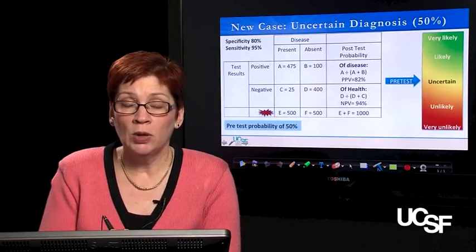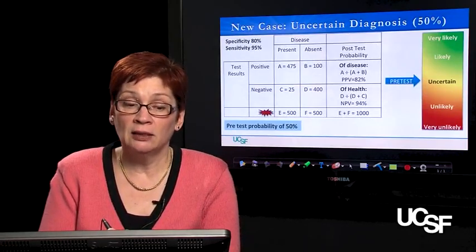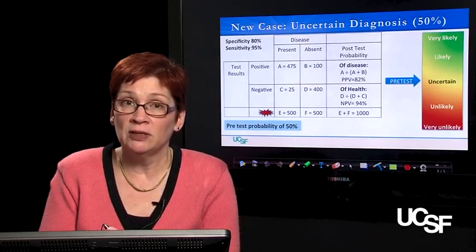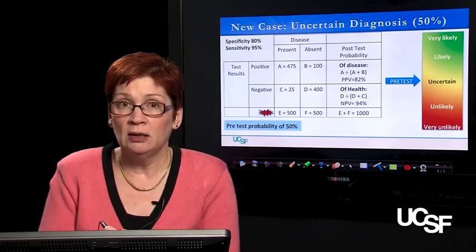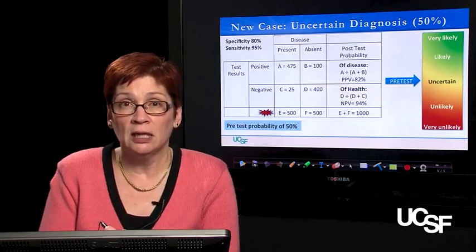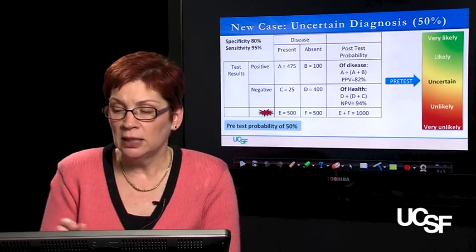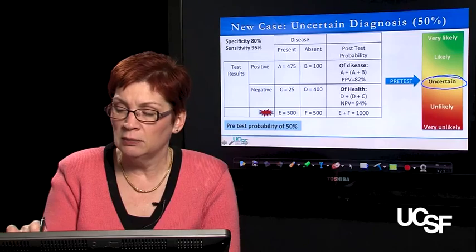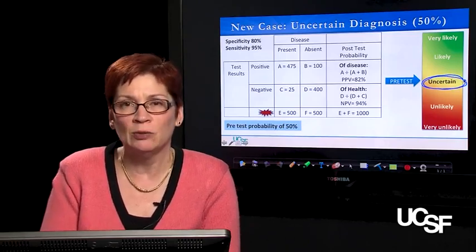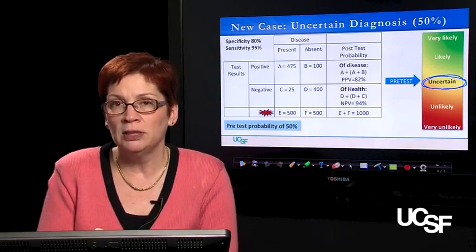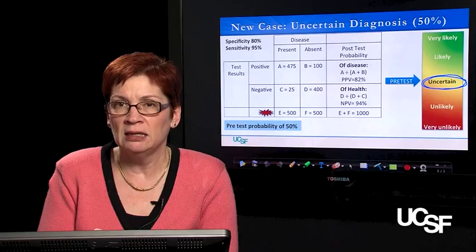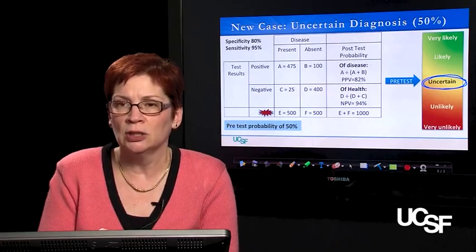So, we looked at the impact of varying sensitivity and specificity with a very common disease. And then we looked at sensitivity and specificity in uncommon diseases. Let's look at this middle range, because people who know a lot about testing will tell you that tests have their biggest impact when the pretest probability is in the moderate or uncertain range.